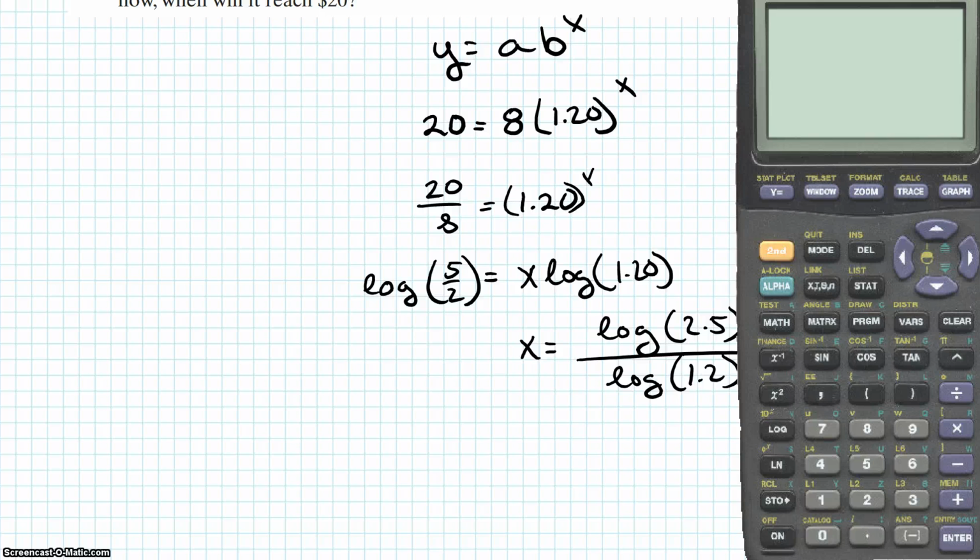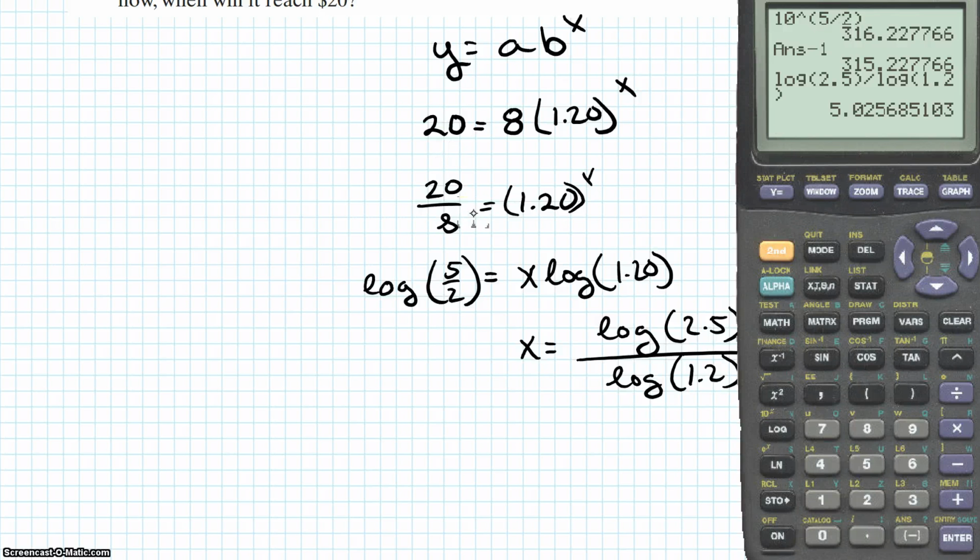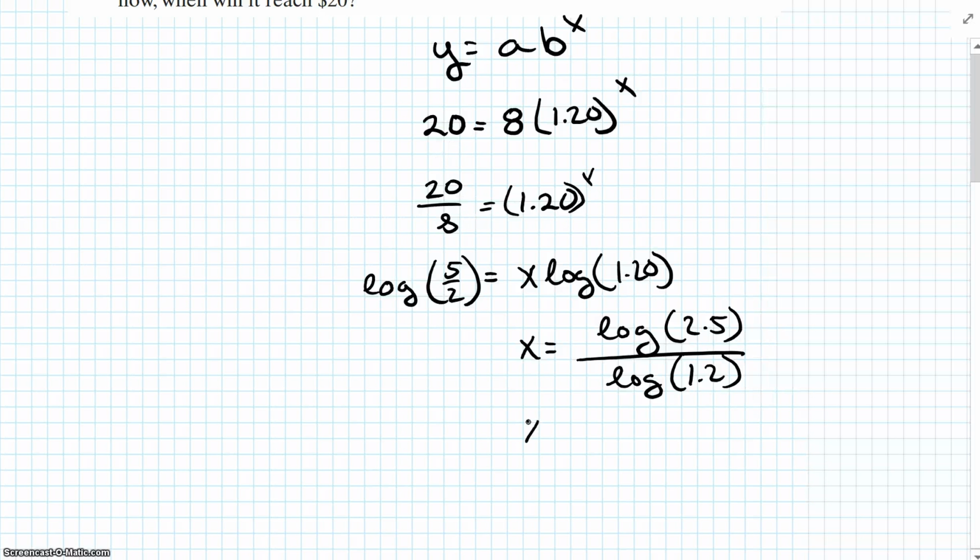So let's do the calculator work. All right, log of 2.5 divided by log of 1.2. 5.02. So x equals 5.02.